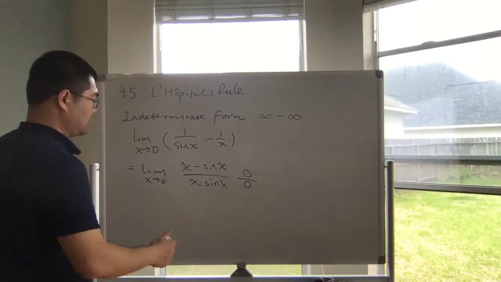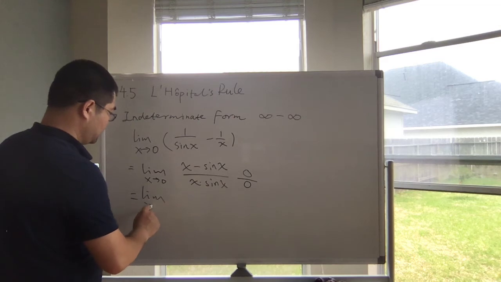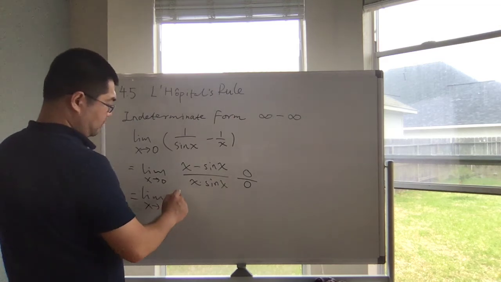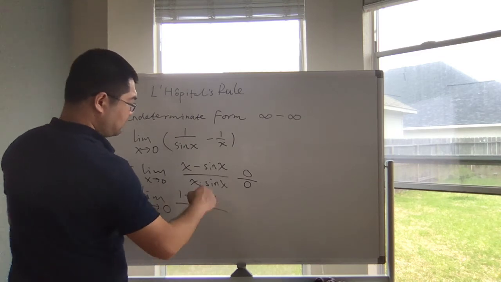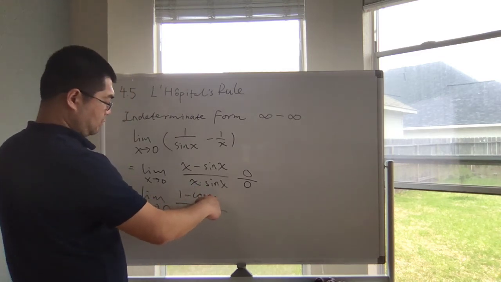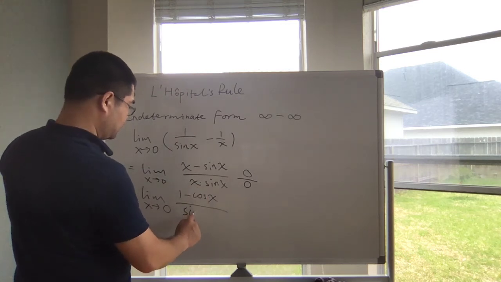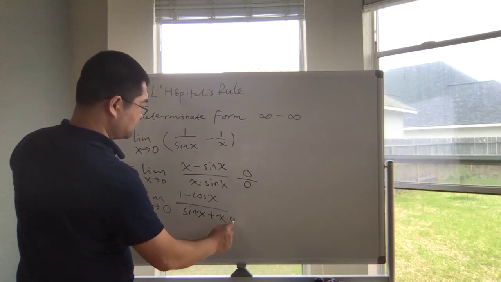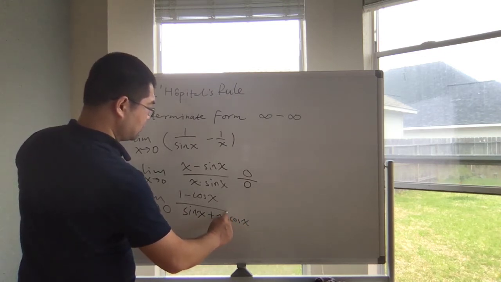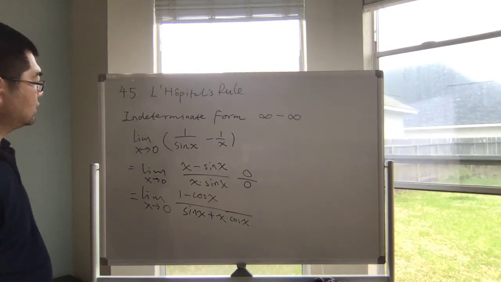So right now we can use the L'Hopital rule directly, which the top is 1 minus cosine x, right? Bottom, you're gonna use a product rule, which is sine x plus x times cosine x.